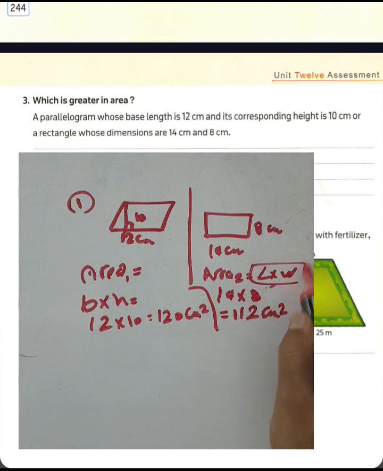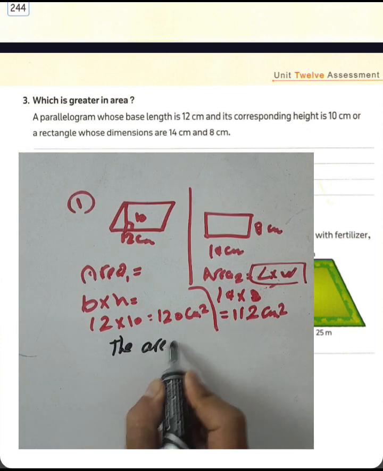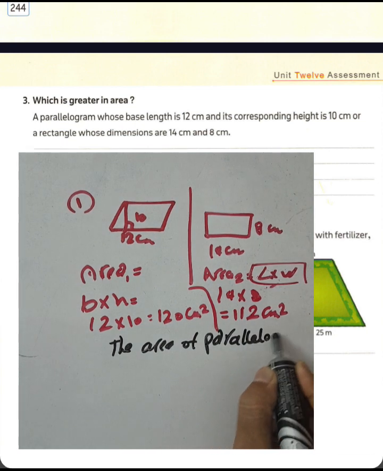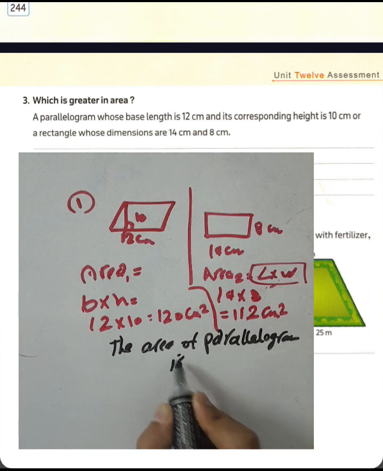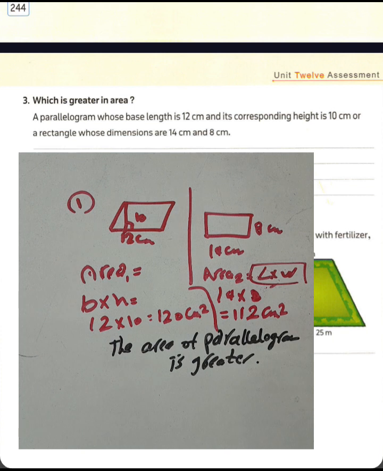It's a rule, area of rectangle. Then the area of the parallelogram is greater. We can write the area of parallelogram is greater. Okay, the area of parallelogram is the greater.